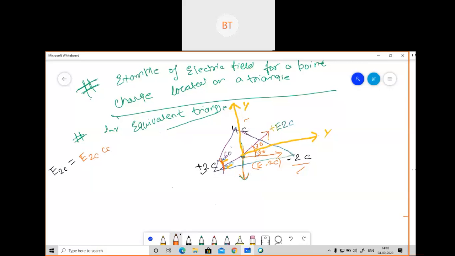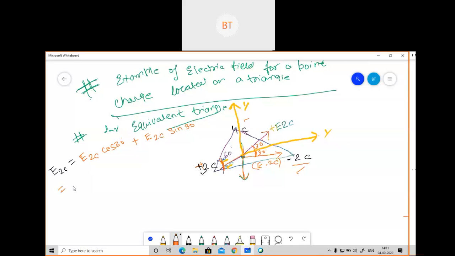This angle is how much? It is cos 30 degree, plus now this part, I will take as sine. So I write E2C sine 30 degree. I am doing this for E plus 2C. You can see it has two components, one in cos direction and one in sine direction. I think everybody can do that.